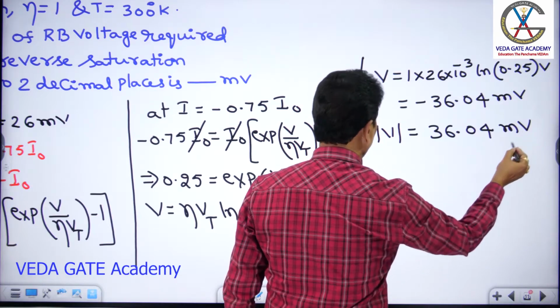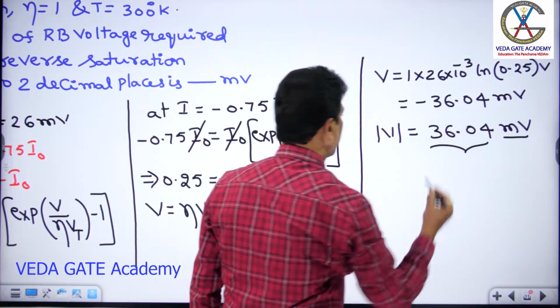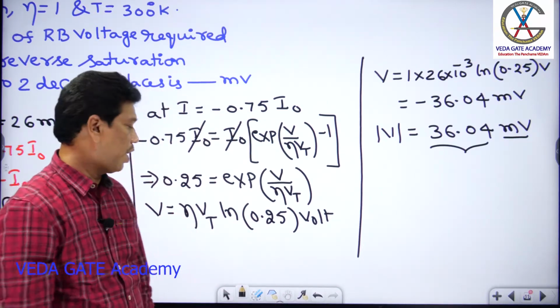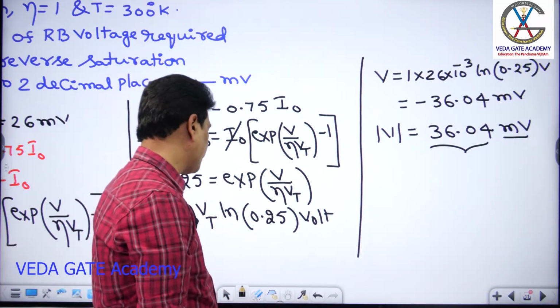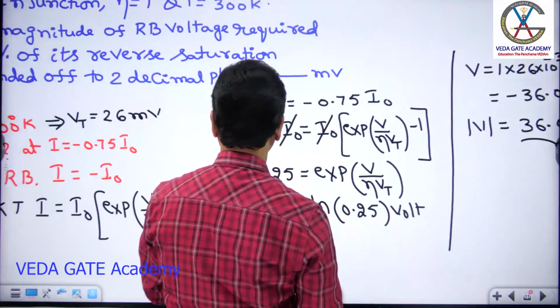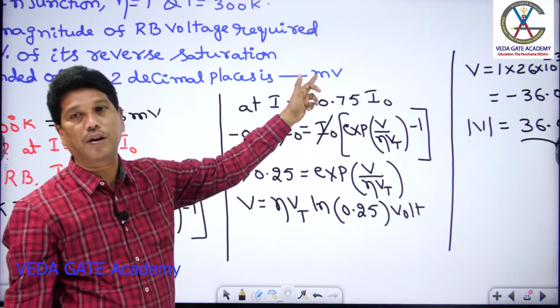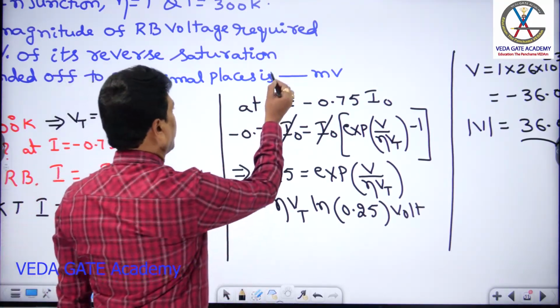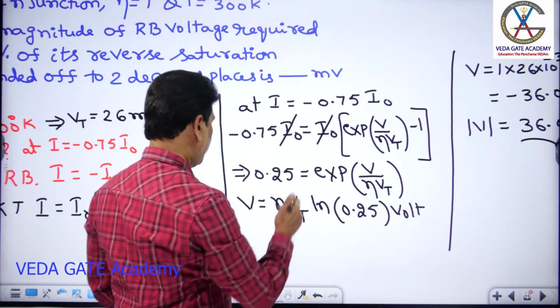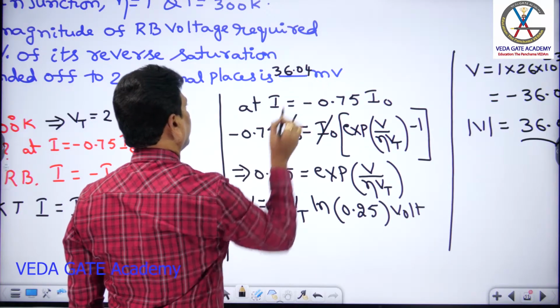The question asks for the answer in millivolts, up to 2 decimal places. So the answer is 36.04.